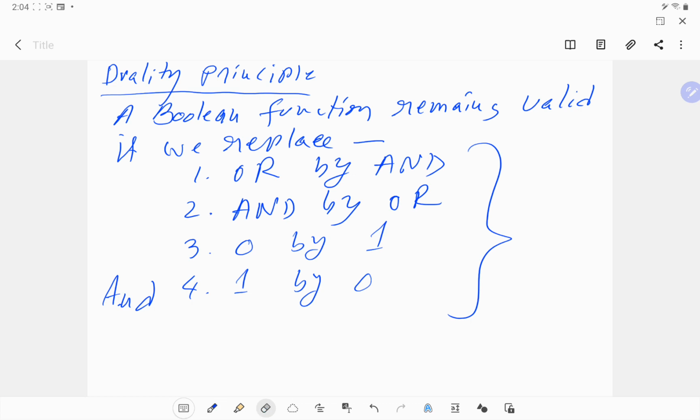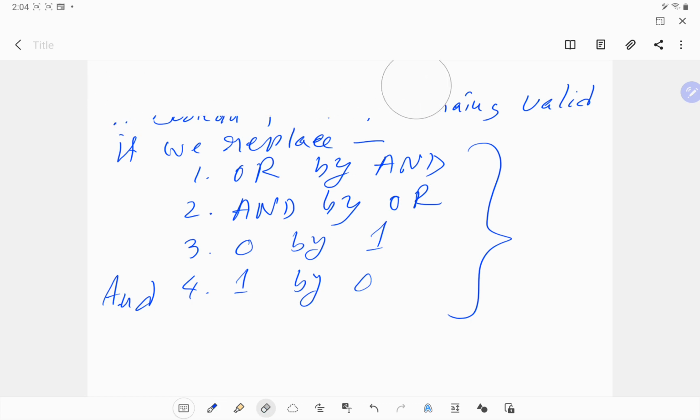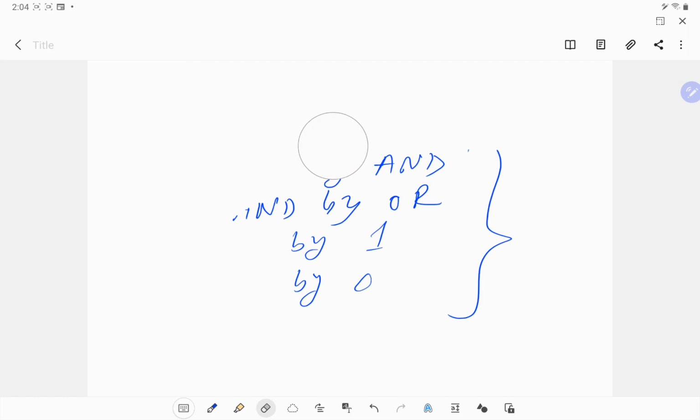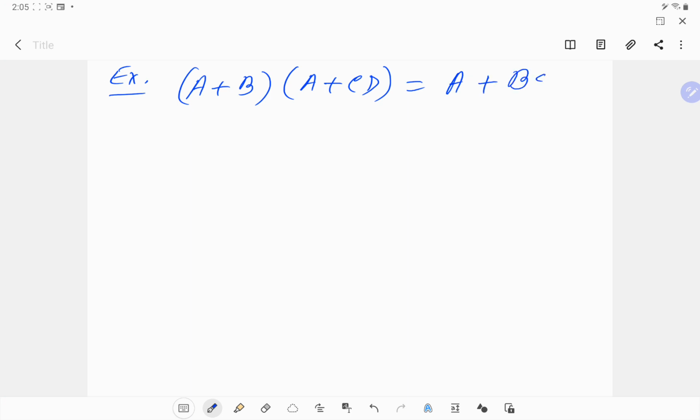Let's see this by a few examples. The first example that we have is we are given an equation A plus BCD, and we know that the equation has a left hand side and also a right hand side. A plus B, C, D is a right hand side.